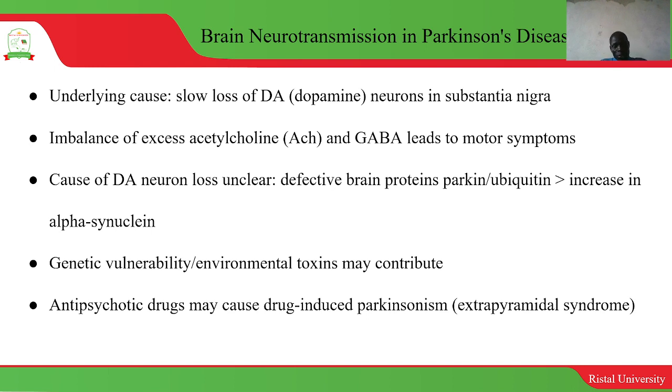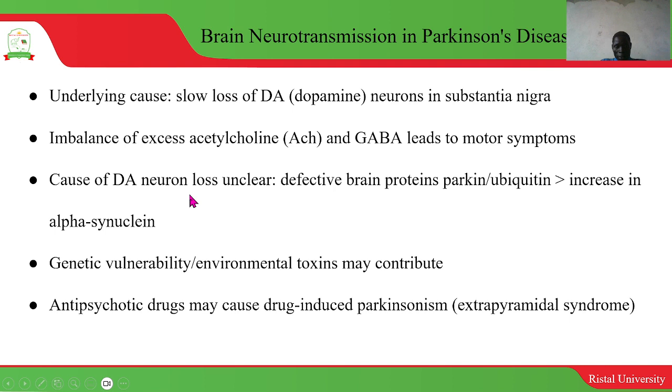But since dopamine is lost, and we have excess acetylcholine, whose action is to excite muscle, and even GABA, which acts in the same line, they excite muscles, and then there are motor symptoms, and there's hyperexcitation of muscles out of control because nothing inhibits that excitation.